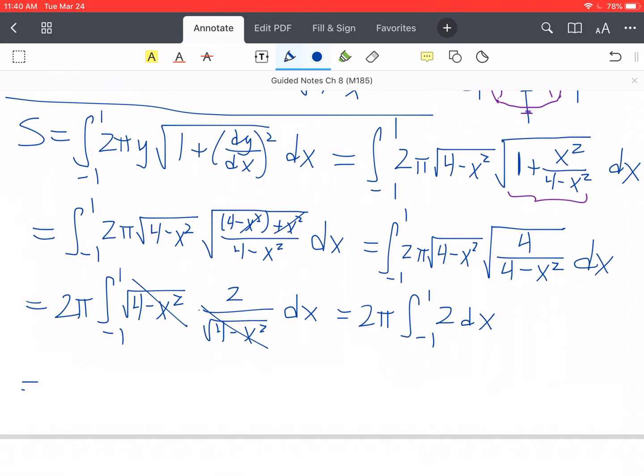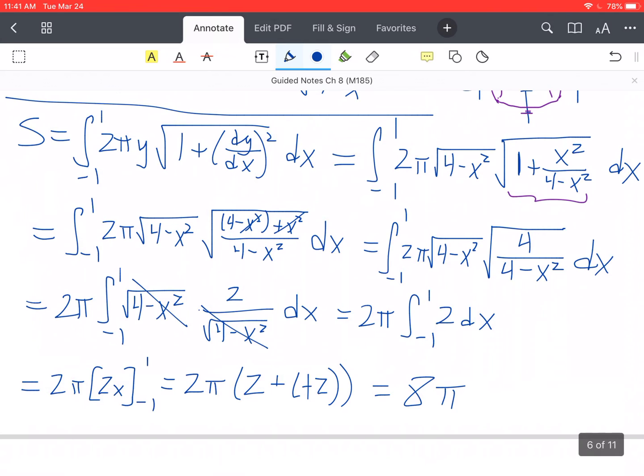So take our antiderivative. We get 2 pi times 2x evaluated from -1 to 1. That's 2 pi times 2 minus -2, right? So that becomes plus 2. So 2 pi times 4. So we get 8 pi.